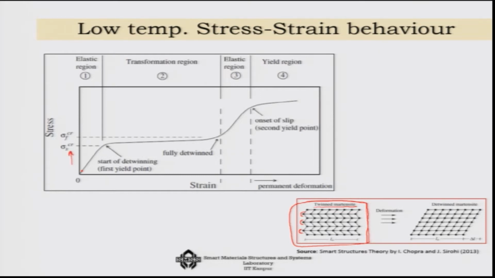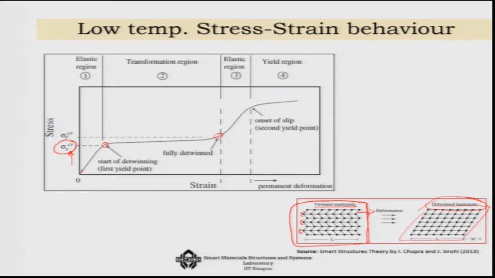There is a critical stress, sigma critical, beyond which these folds will vanish, the crystals will layer, each crystal layer will slide, and then you are going to get this kind of a rhombic shape. So, this is your detwinned martensite phase. Here sigma SCR is the starting stress of detwinning, and sigma FCR is the finishing stress at which complete detwinning has taken place.